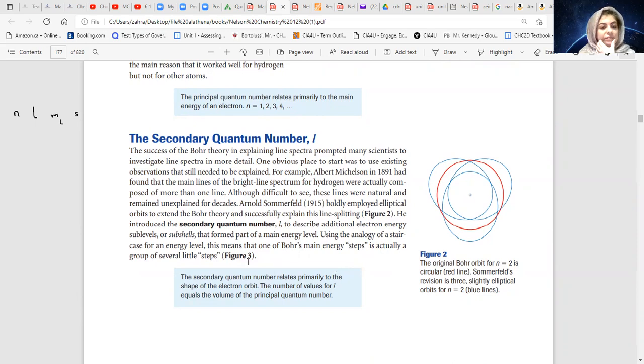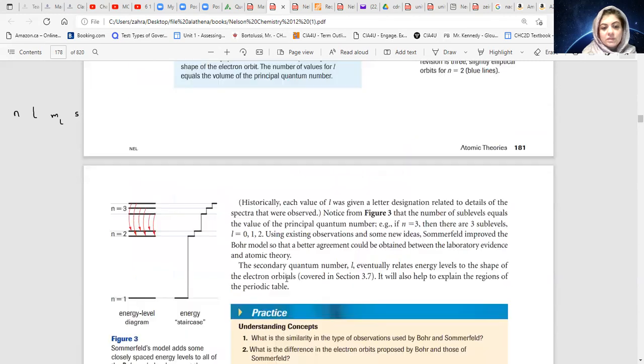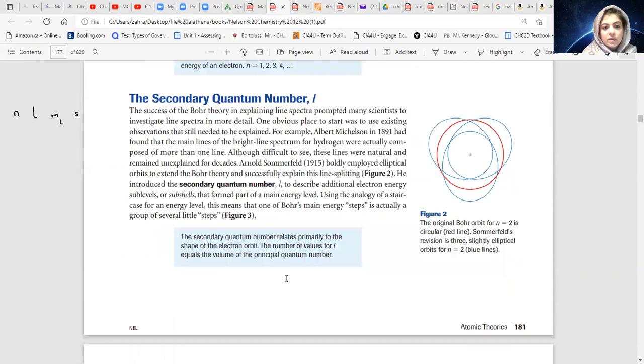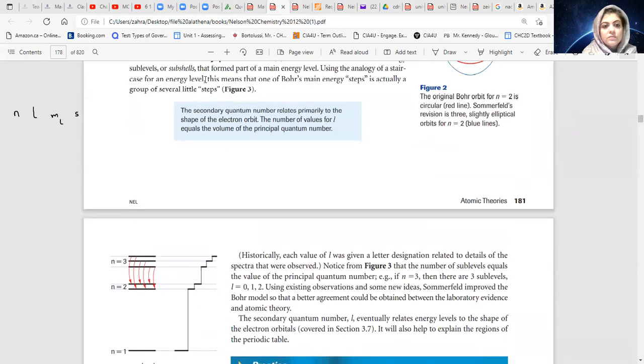We could have a spherical shape, which we call l = 0, or a dumbbell shape, l = 1.